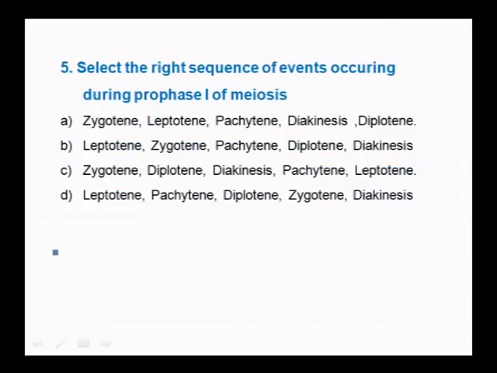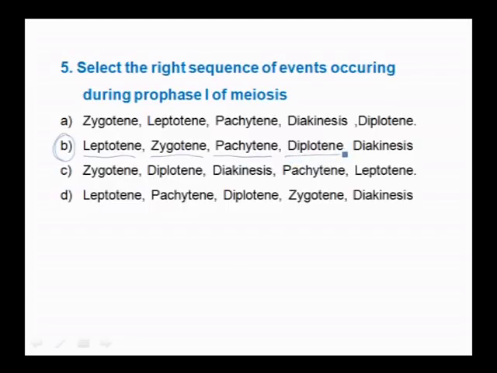Fifth question. Select the right sequence of events occurring during prophase 1 of meiosis. The right arrangement is option B. First you can see leptotene, then zygotene, then pachytene, diplotene and diakinesis. During leptotene you can see the formation of chromomeres on the condensing chromosomes. Zygotene is a stage where the homologous chromosomes come together or pair up by a process called synapsis. Pachytene is a stage during which the non-sister chromatids go through crossing over.